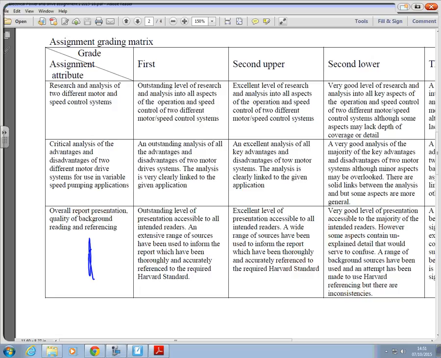If you look down this line, very good level, yeah, you're approaching that, but there are some little bits missing. There's some gaps in there. If we go down to third, you're okay. There's a bit of critical analysis, but there are significant gaps in your work, but it covers the learning outcomes.